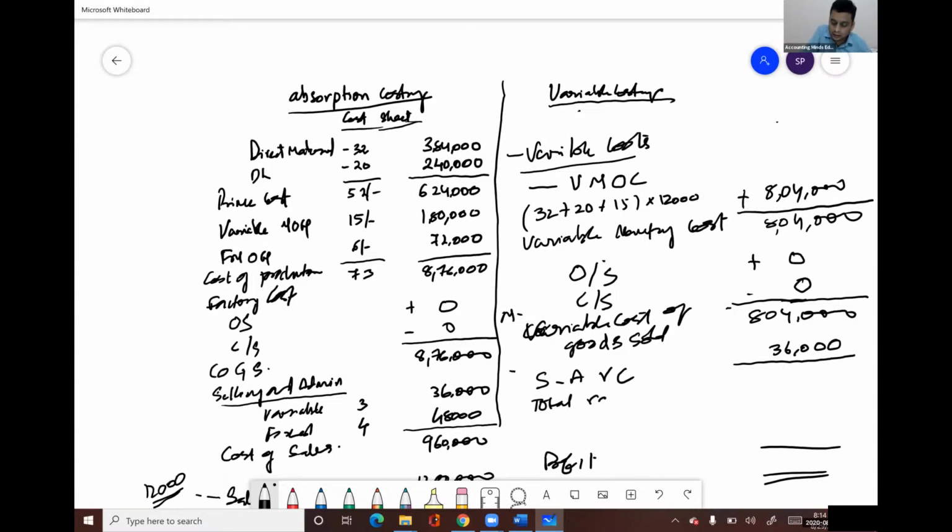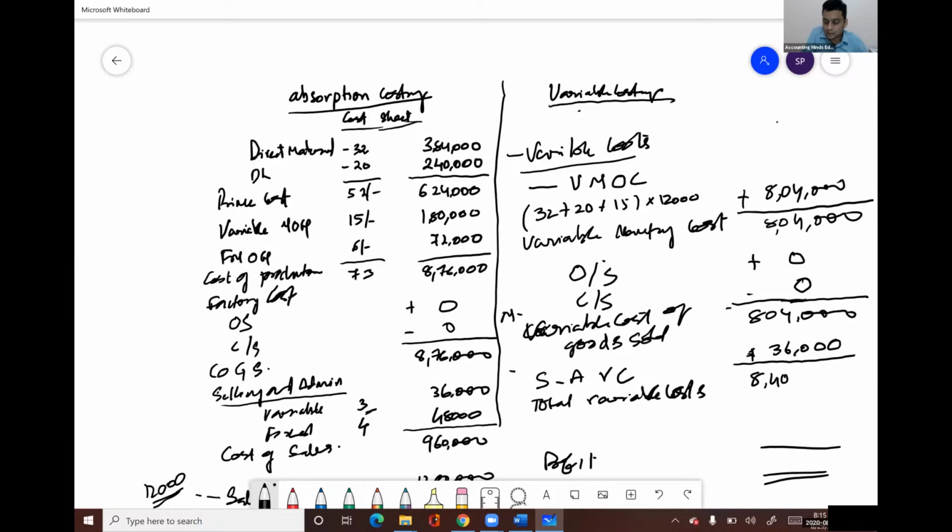Total variable costs. What are the total variable costs? How did you get 36,000, sir? You only said 3 rupees selling and distributive overhead, total units 12,000. Correct? You have to add or deduct, sir? We have to add now. This is cost, so we have to add. So how much is that?